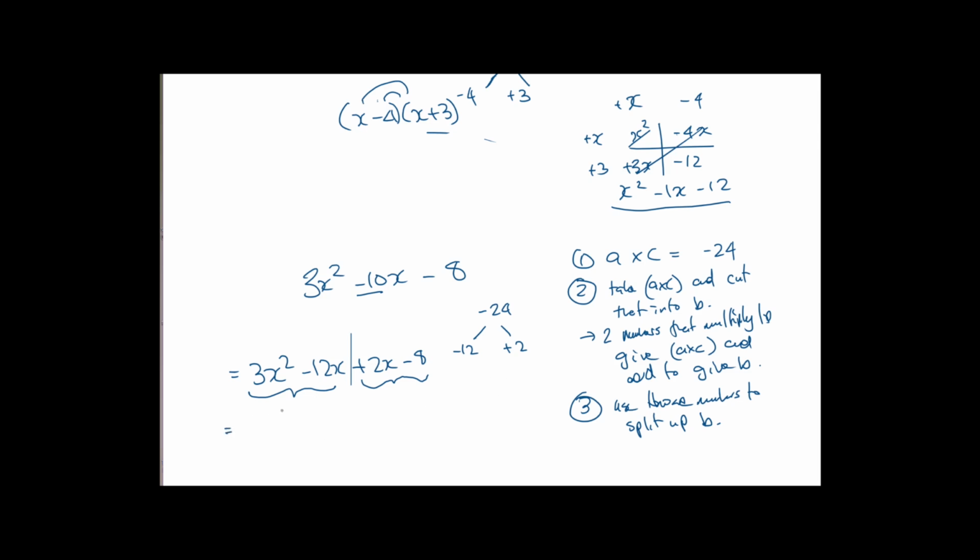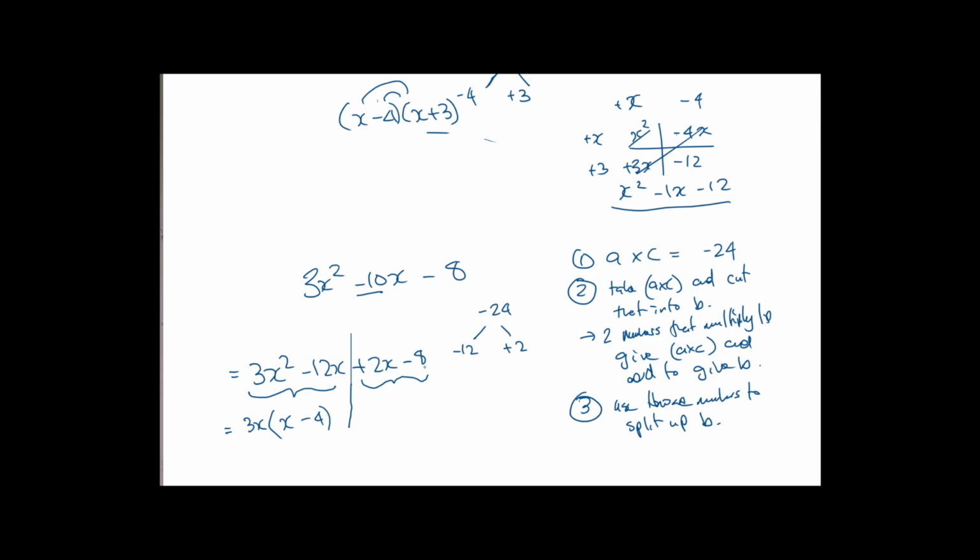The common term in this is going to be 3x, so I'm going to factor out the 3x. 3x times what gives us 3x squared? Well, 3x times x is 3x squared. 3x times what gives us negative 12? Well, negative 4.